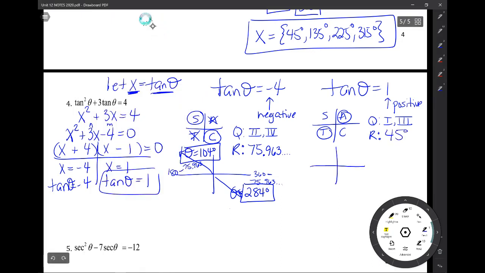And so quadrant 1 is 45 degrees, and in quadrant 3, remember, it's 180 plus 45, and that produces an angle of 225 degrees. So my final answers would be theta equals 45, 104, 225, and 284.